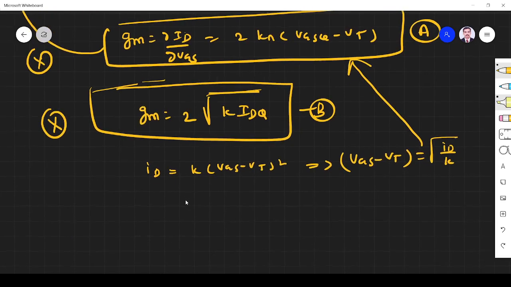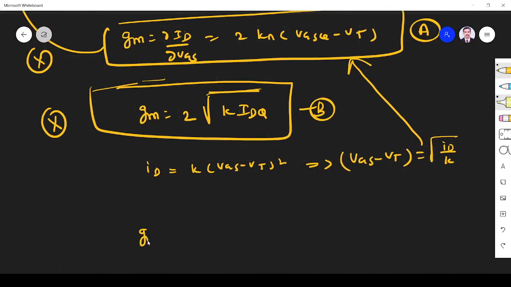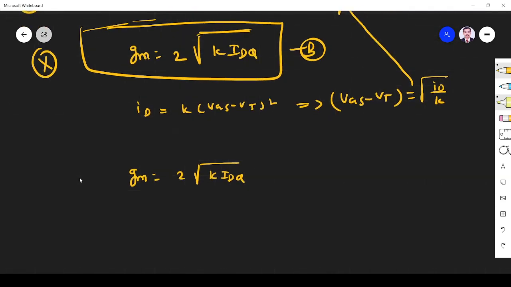From this, what we understand is gm is equal to 2 root of K ID_Q. Transconductance is directly proportional to the square root of K; gm is a function of K. What is K?